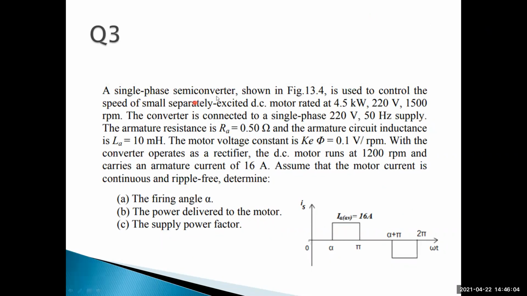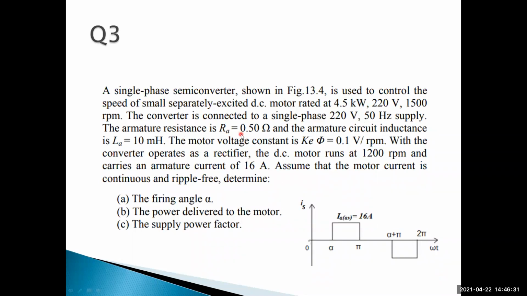A single phase semiconverter is used to control the speed of a separately excited DC motor. It is rated at 4.5 kilowatts, 220 volts, 1500 RPM. The converter is connected to a single phase 220 volts 50 hertz supply.